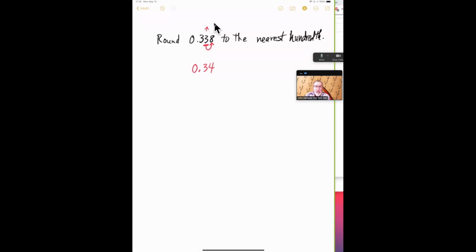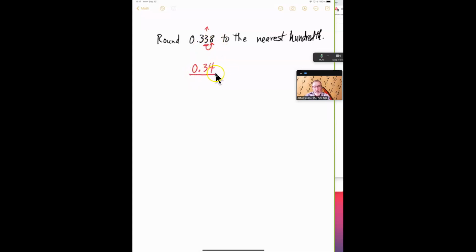0.34. And this hundredth also tells us how long our answer will be. So this is 34 hundredths. We had 338 thousandths. We were rounding to the nearest hundredth. So this 3 became a 4, because it's next to this 8, which is 5 or more.